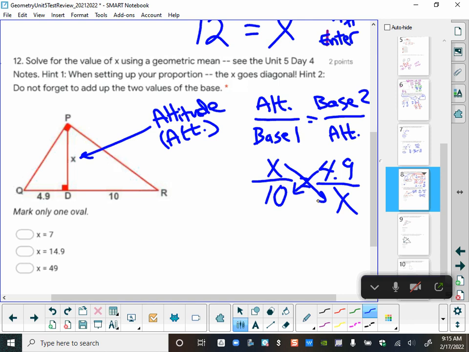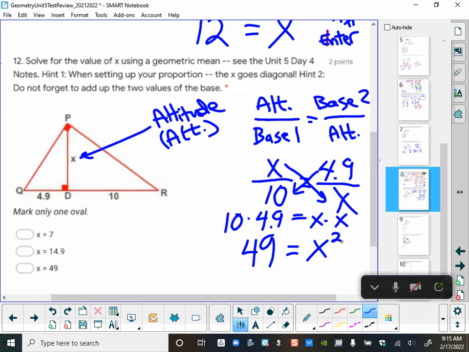Do your crisscross. So what would be 10 times 4.9? And then what's x times x? X times x is x squared. Now, you're probably thinking, oh, 49. Can we take the square root of 49? Yeah, you can.